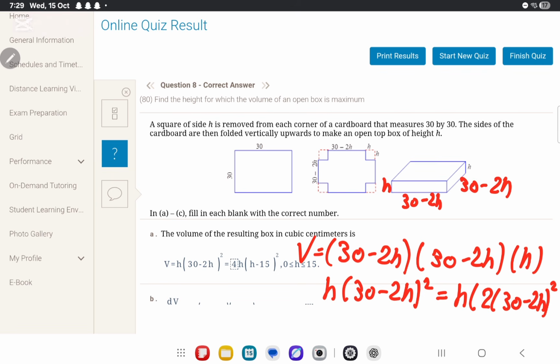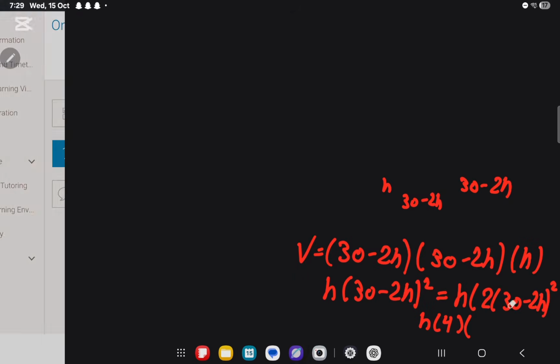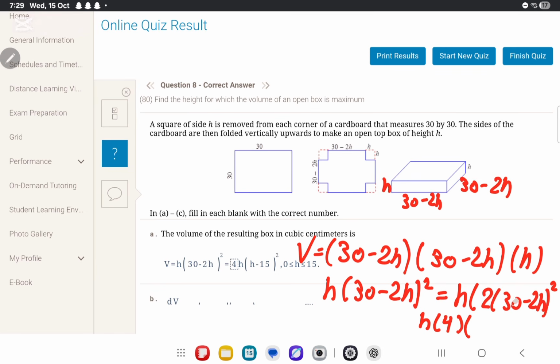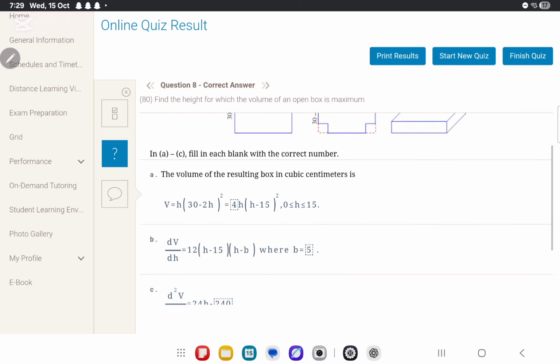So now it's going to be h into 4 into 15 minus h, because you took 2 as a common factor. You're distributing the power. And this is your value: 4h into h minus 15 squared. So that's done, and the interval is given to you. You don't need to worry about it.